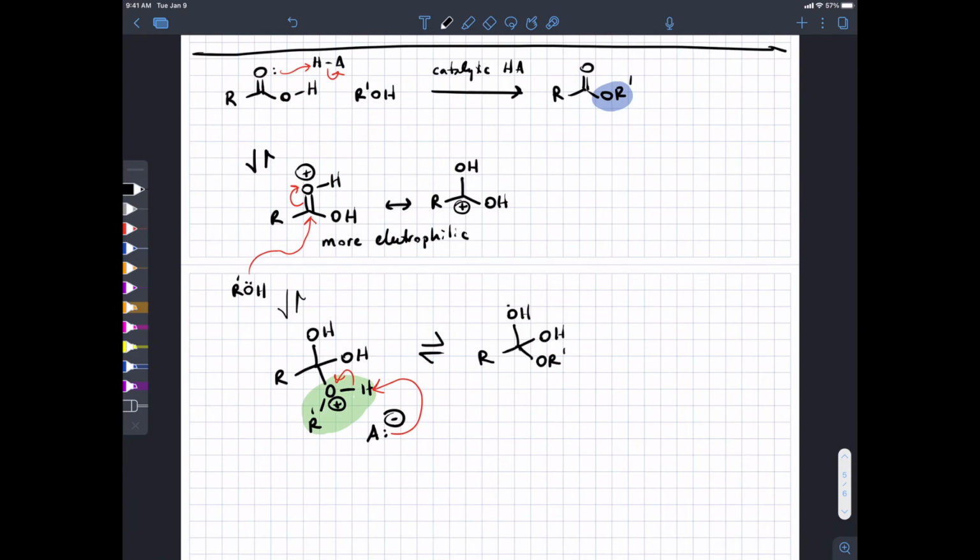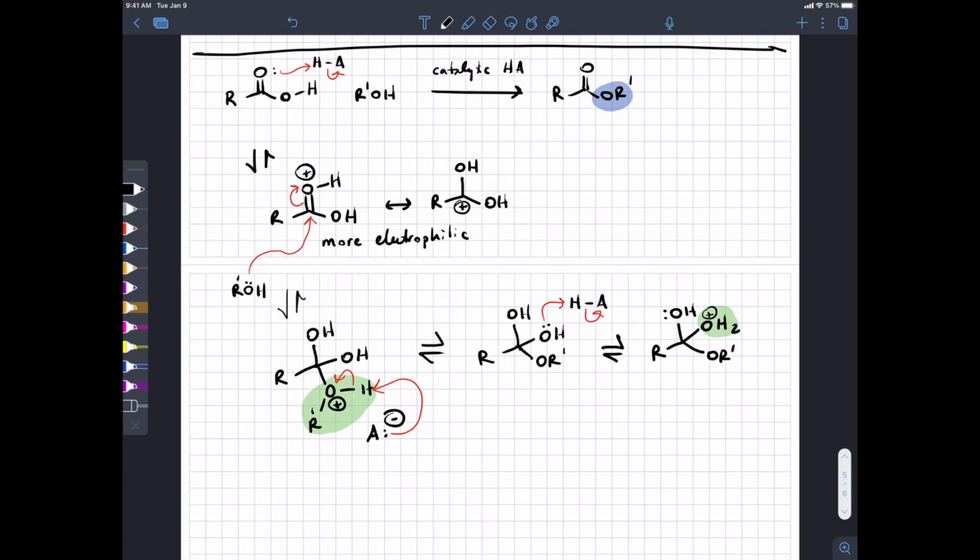And then we can protonate one of these, I don't care which one of these oxygens, using our catalytic acid, thereby changing one of those OH groups into a positively charged ROH2 group, which can leave as water. So now, through that series of steps, we have changed who the good leaving group is.